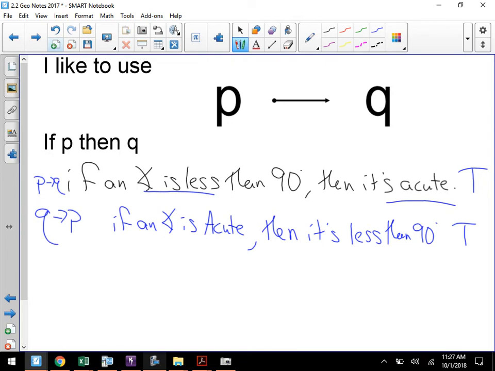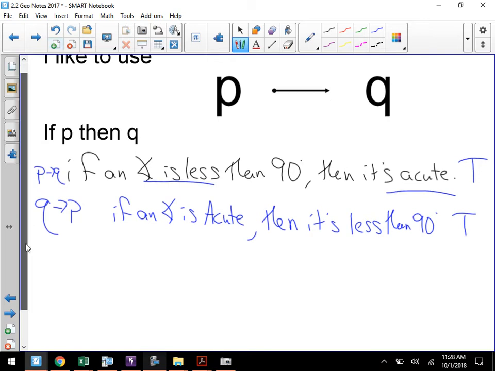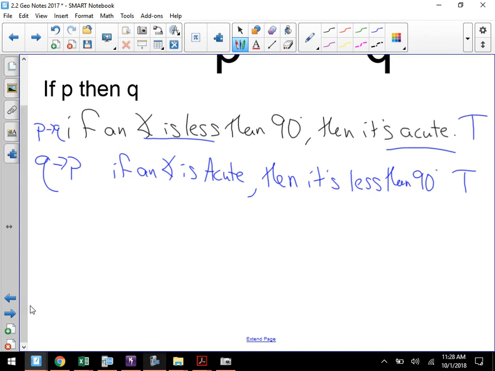Now we deal with something else. It's called negation. Negation means basically put the word not in it. And there's a symbol for that with these things. Not P implies not Q. It's a weird looking symbol.